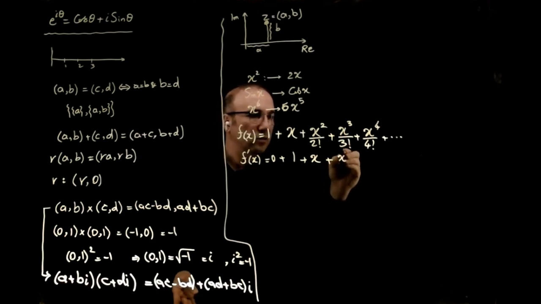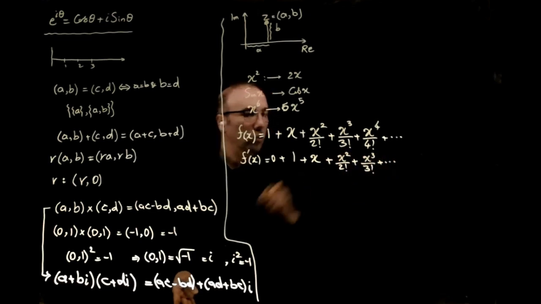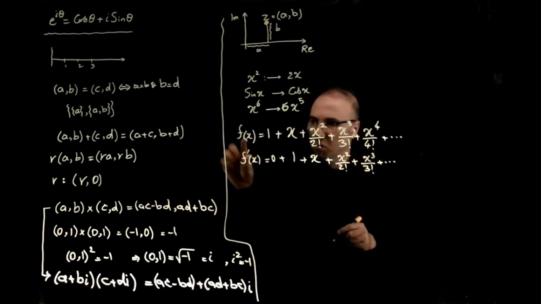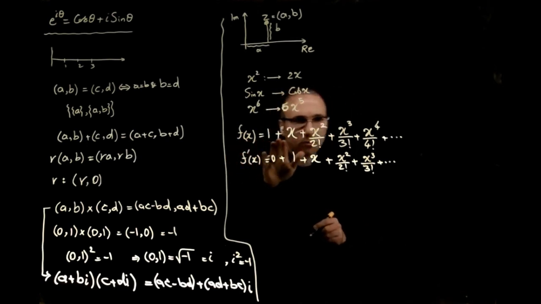So it would be x squared over 2 factorial plus x cubed over 3 factorial, the same thing, and it goes forever. So you see, I make every term again. So this equals that, with the condition that this should be well defined.